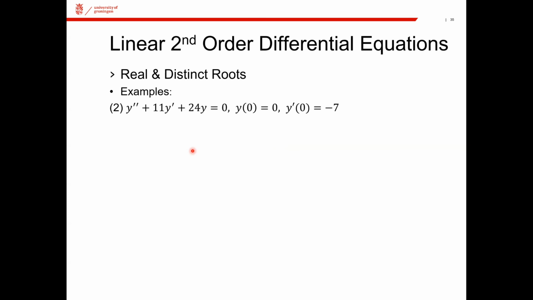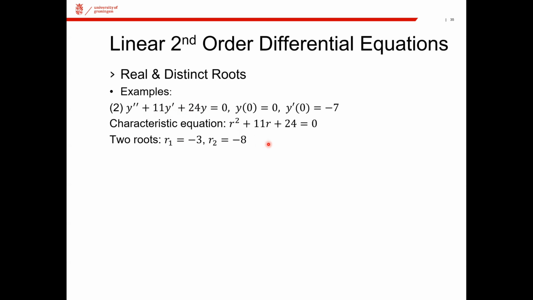Okay, another example, and this time we have initial conditions. And we see that the order is 2 and the number of conditions is 2. So we can have the actual solution. The first step is to find the characteristic equation. So r squared plus 11 times r plus 24 equals 0.